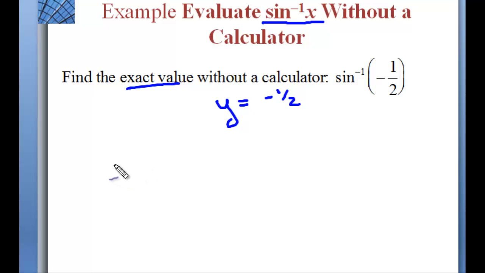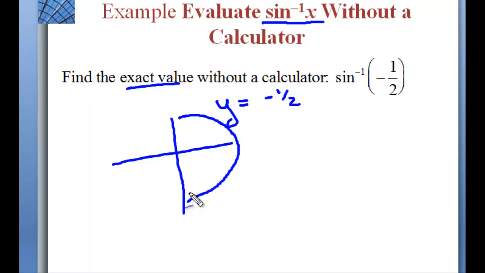And so if we think about the unit circle, we know that the range is going to be on the right-hand side of the circle. Y is negative 1/2. So where is y negative 1/2? When x is positive root 3 over 2, because those two always match up. Root 3 over 2 matches up with 1/2. We know the x is going to be positive.